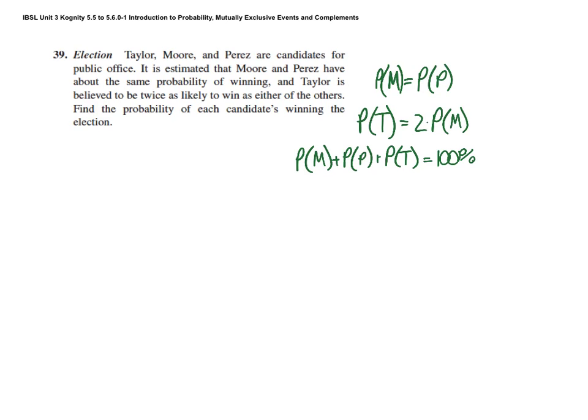If we put it all in terms of one, using some substitution, we have probability of Moore plus probability of Moore plus 2 times probability of Moore is 100%. And that's going to give us probability of Moore equaling 25%. So you could figure it out logically, or you could figure it out algebraically. Does that make sense?